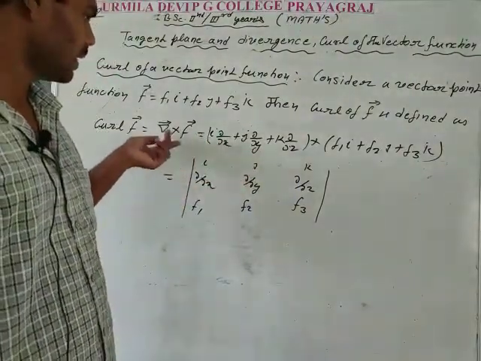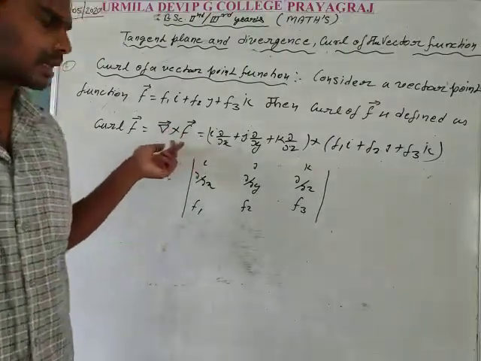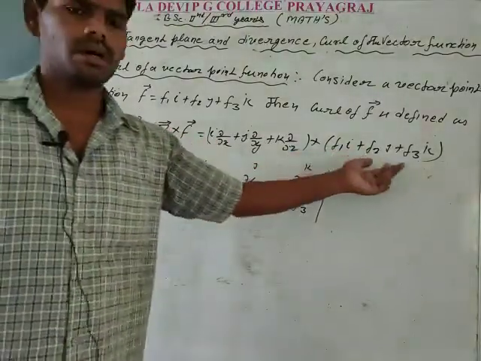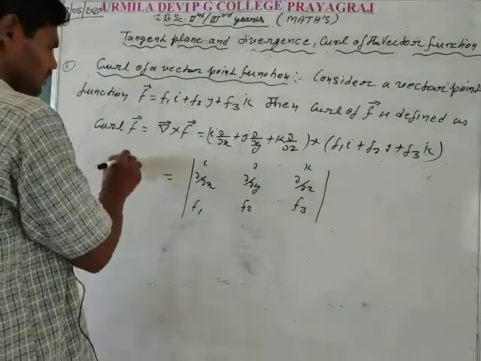You can find the value of curl F, meaning del cross F, by either method.